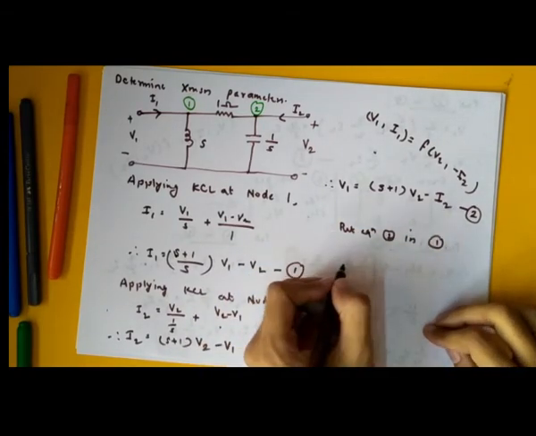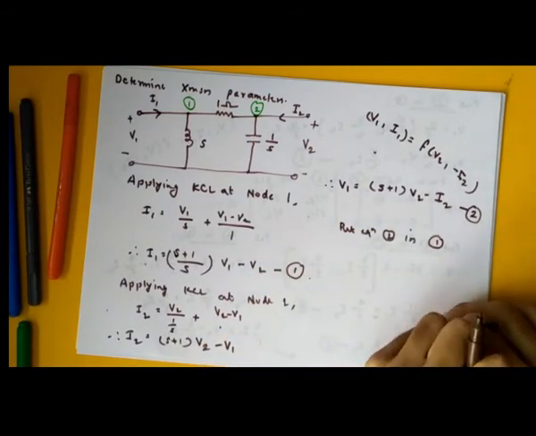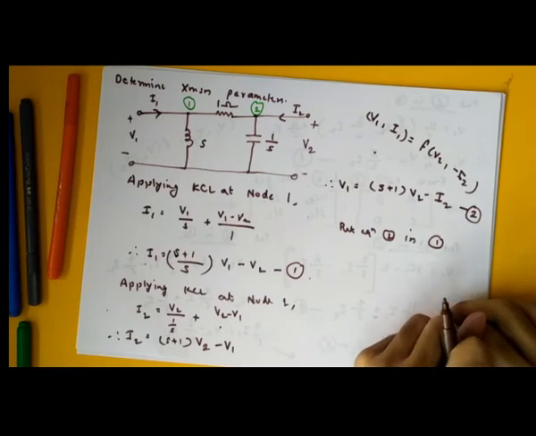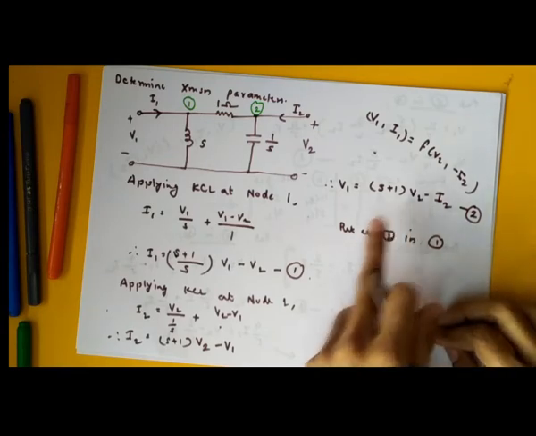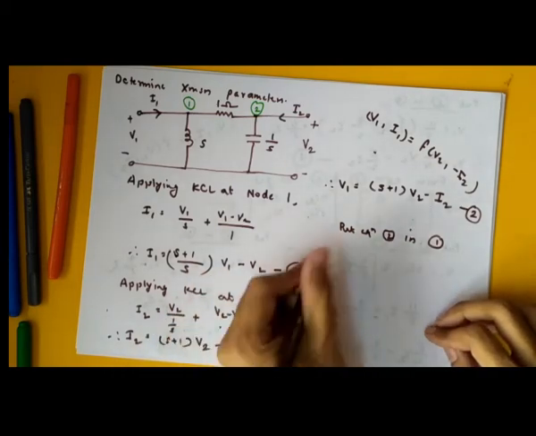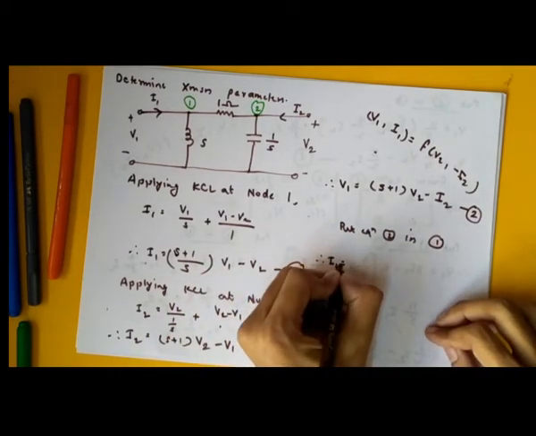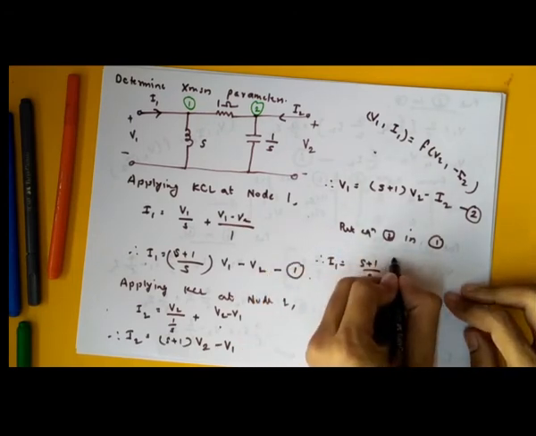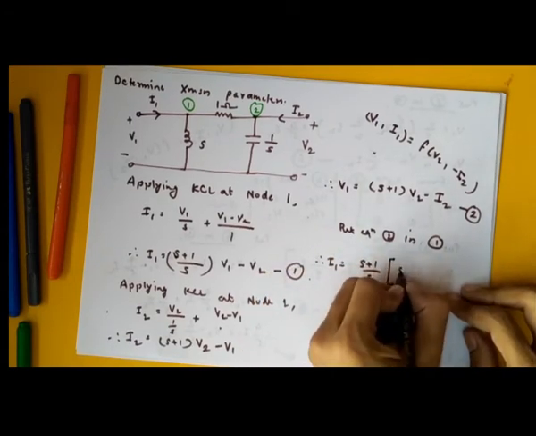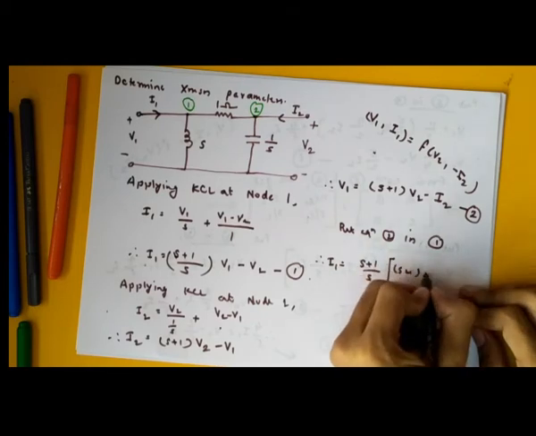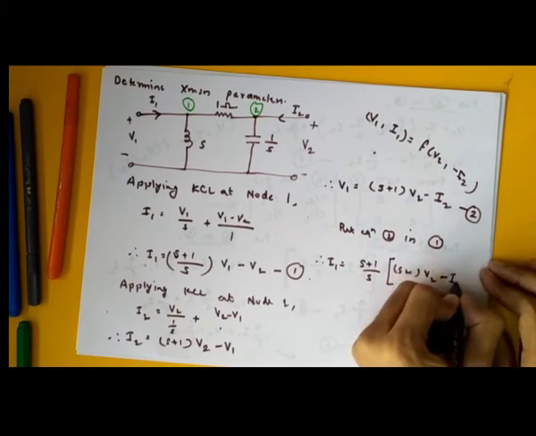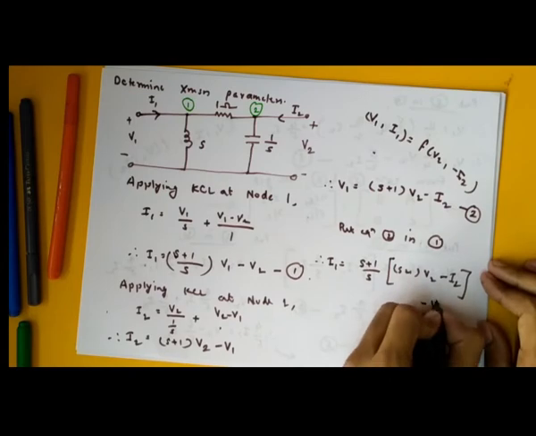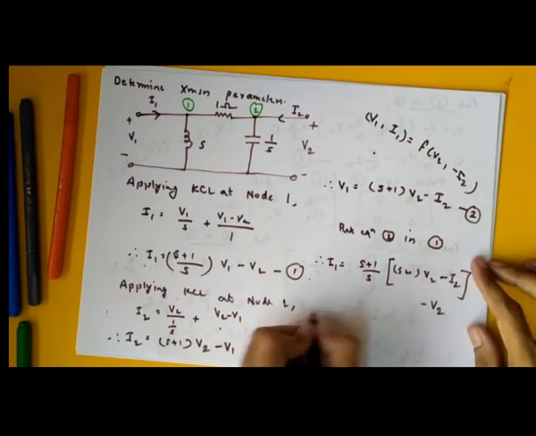Okay, so what will happen? Yeah, equation 2 in 1, right? So therefore I1 equals (S plus 1) upon S into ((S plus 1) V2 minus I2) minus V2, right?